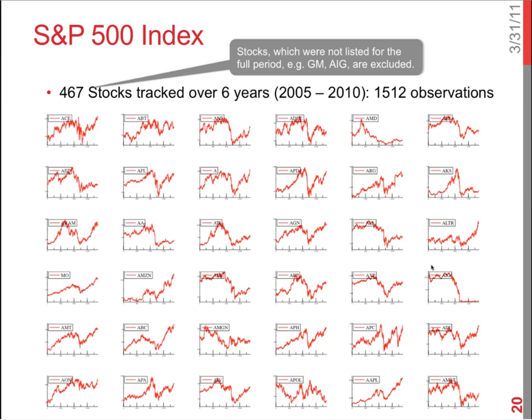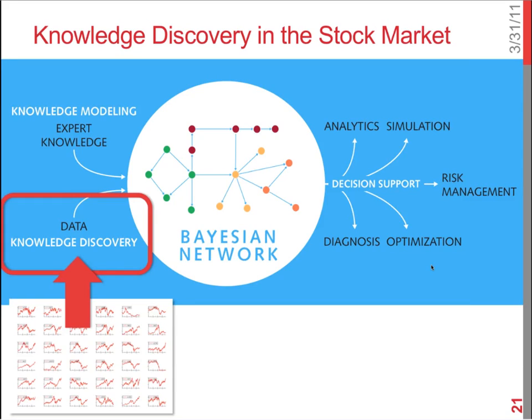Let me put this into context, and this is where the Bayesian networks come in. We have all these observations, all these time series, and we want to apply machine learning for knowledge discovery so we can extract patterns and interdependencies. This machine learning, this knowledge that's generated, will turn into a Bayesian network.